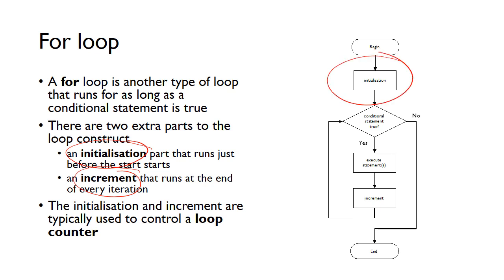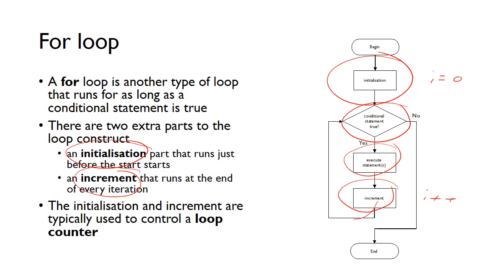That's done first. Then we check a conditional statement, so I is less than 10 or whatever, execute some associated code, then do the increment. So this will be like the I++, and that'll be the I equals 0. Because the initialization and increment are so common, they're a part of this loop construct.